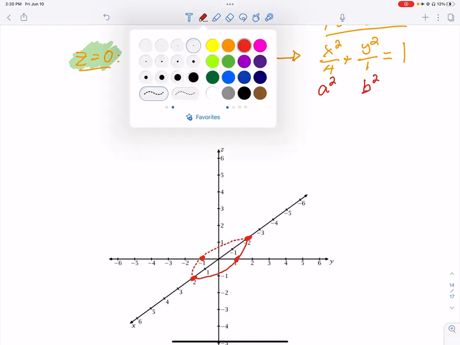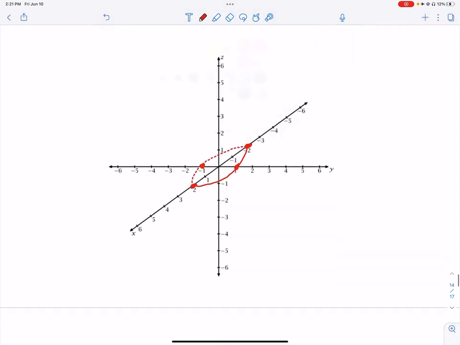I also know that it is shifted down 4 units. So I have this, it's a paraboloid, so it's a parabola. It starts down at negative 4. So if it was shifted no units up, I would have 0, and then I would have picked another z that would have made a pretty ellipse somewhere else.